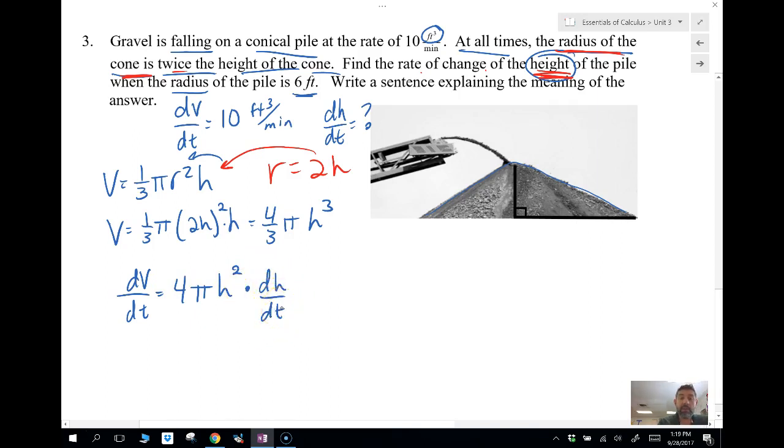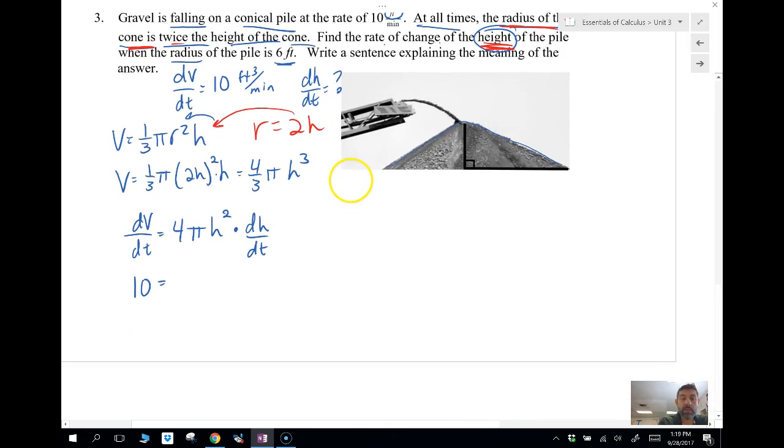All right, so let's see. What do I know? I know that dV/dt is 10. I don't know what h is, and I'm looking for dh/dt. What do I do? What do I know?